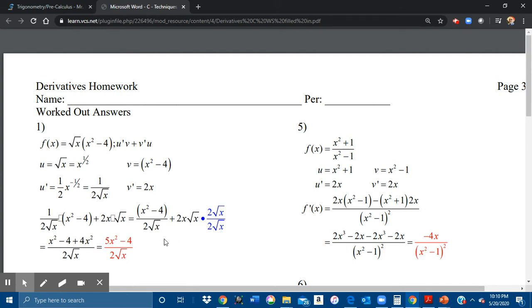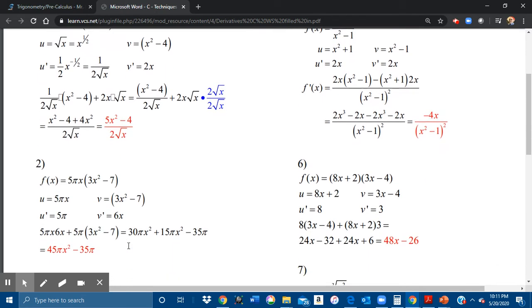And what am I left with? I'm left with x squared minus 4 plus 4x squared all over 2 root x. Combining like terms, I have 5x squared minus 4 over 2 root x. So, we have to do a little bit of algebra to simplify those, but we can do it.